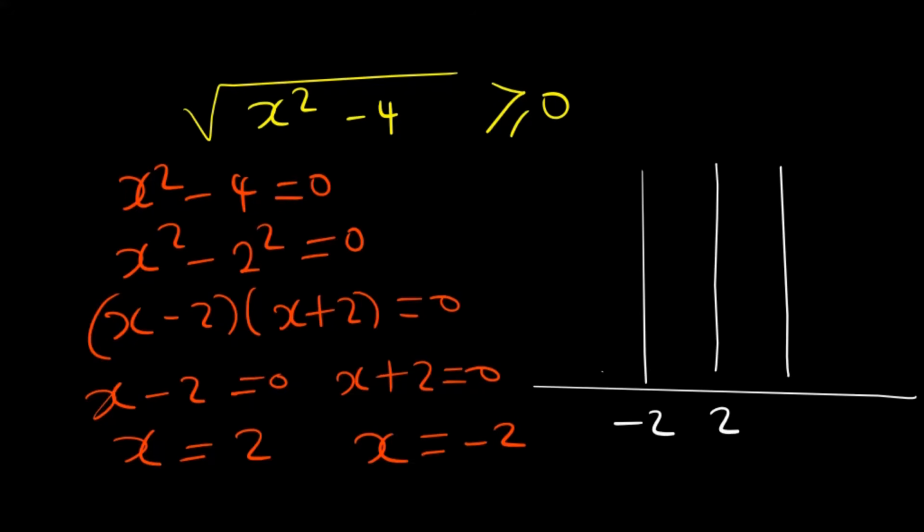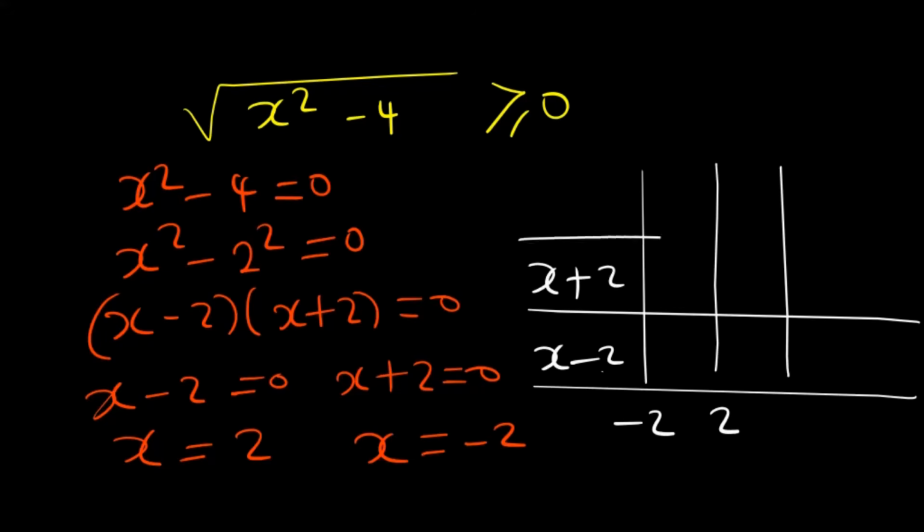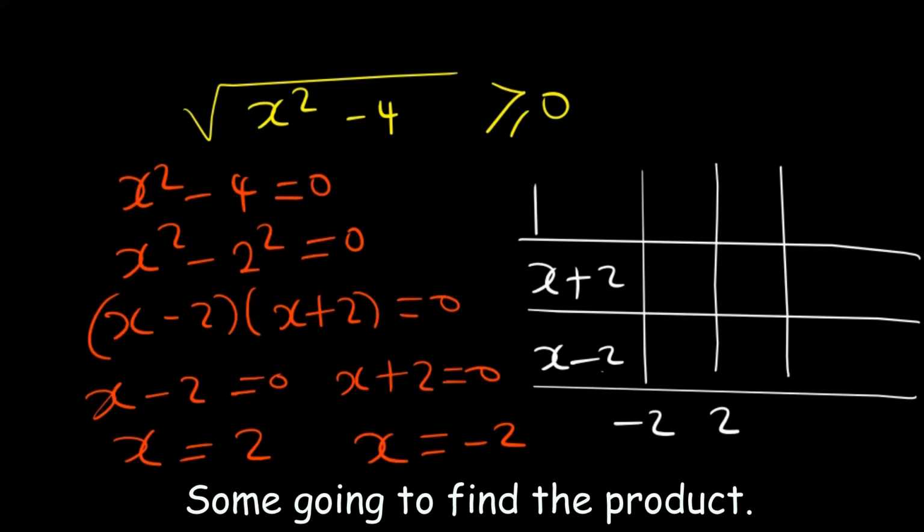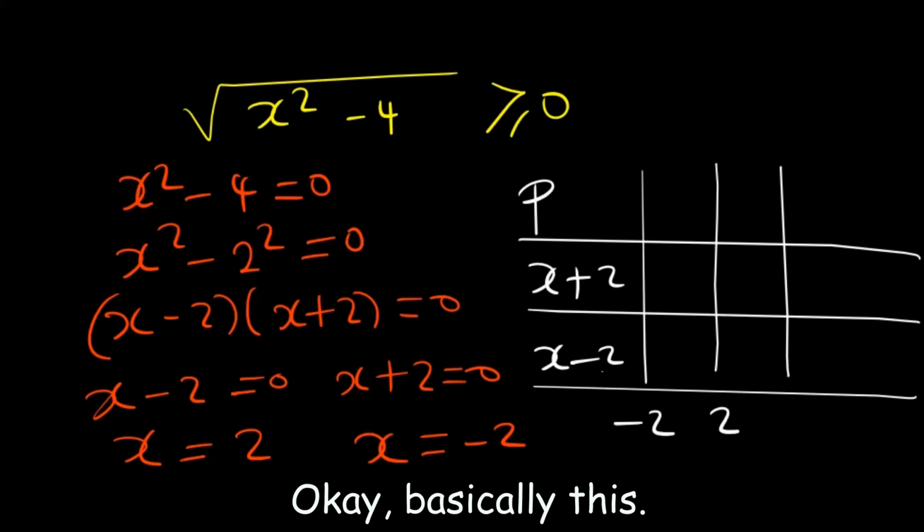Our equations that give us those ones, we have x minus 2 and x plus 2. What are these ones doing? They are multiplying, so I'm going to find the product. Now we just have to demarcate the signs.